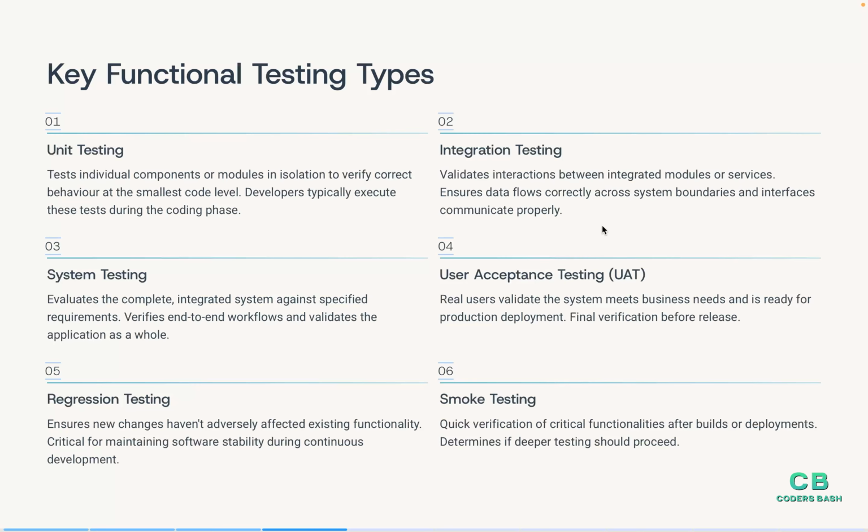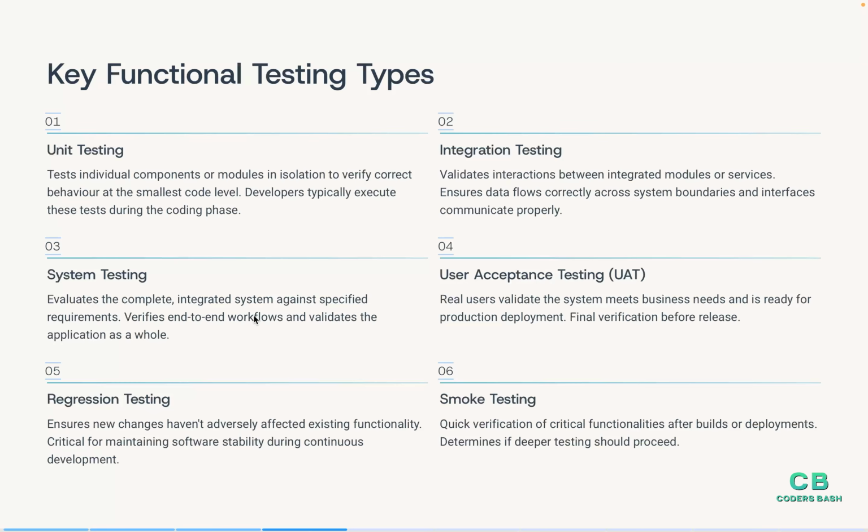So let's say we have two applications and they are both linked to each other. So it is a must to test both applications, to check they are integrating properly, and that both posting data and getting data are working as expected. So these cases are covered under integration testing.